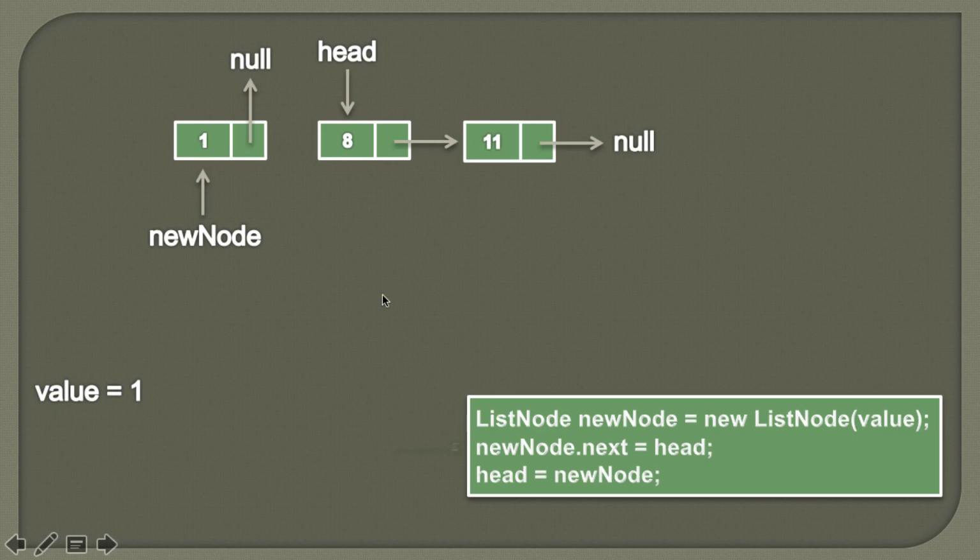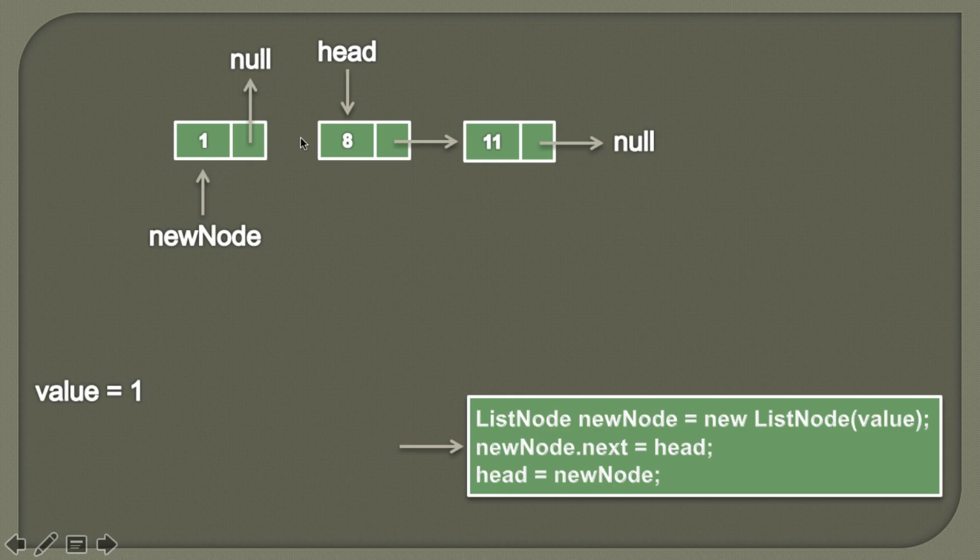Moving ahead, as we want to insert this new node at the beginning of the singly linked list, we have to make a connection from this node to the head node, because we want to insert it just before the head. So what we do is, whatever value is there in the head, we simply assign it to new node's next. So here you can see head is pointing to a node having data as 8 and new node's next is pointing to null.